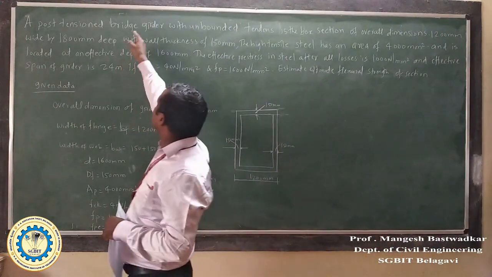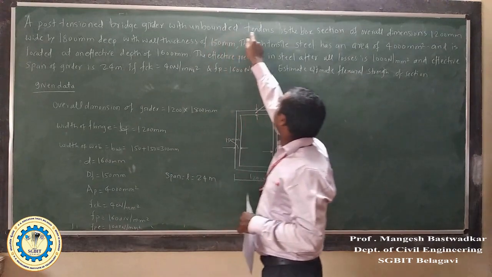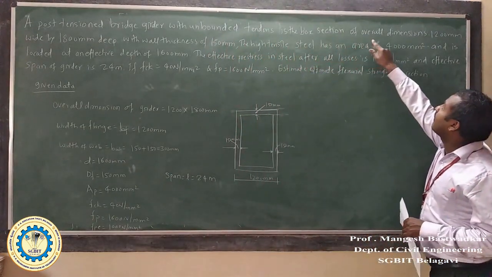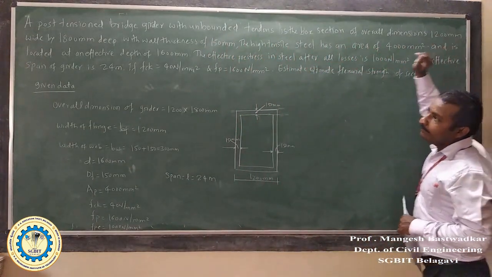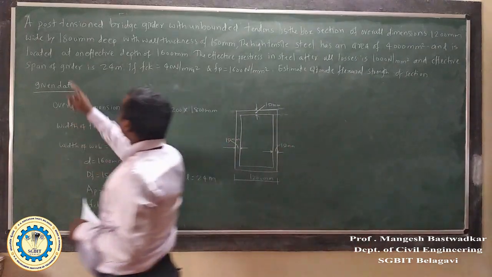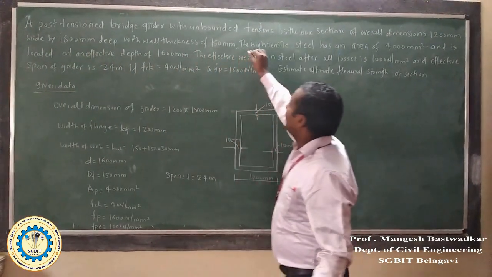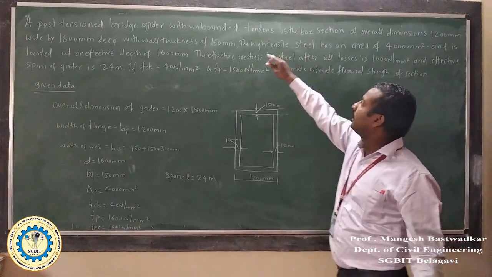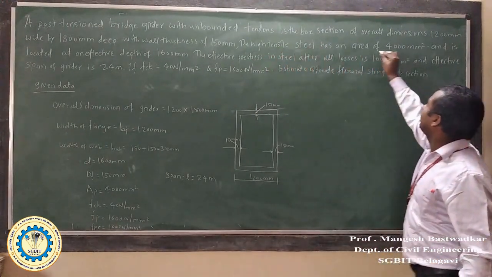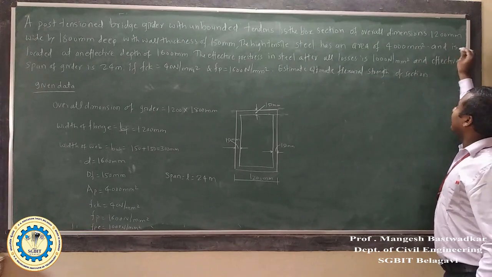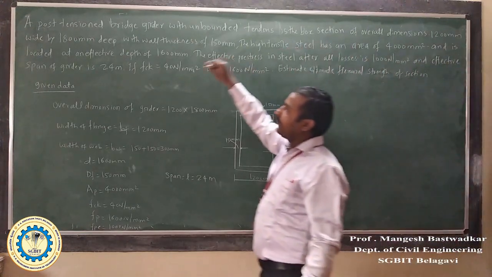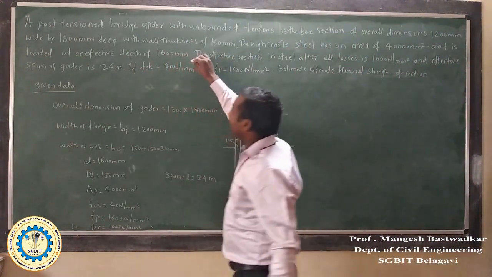A post-tension bridge girder with unbonded tendons is a box section of overall dimension 1200 mm wide and 1800 mm deep with a wall thickness of 150 mm. The high tensile steel has an area of 4000 mm square and is located at an effective depth of 1600 mm.